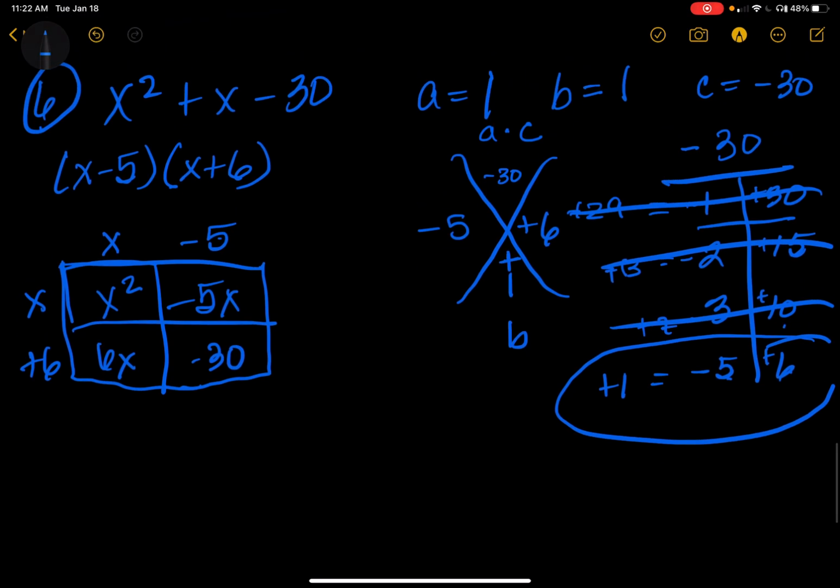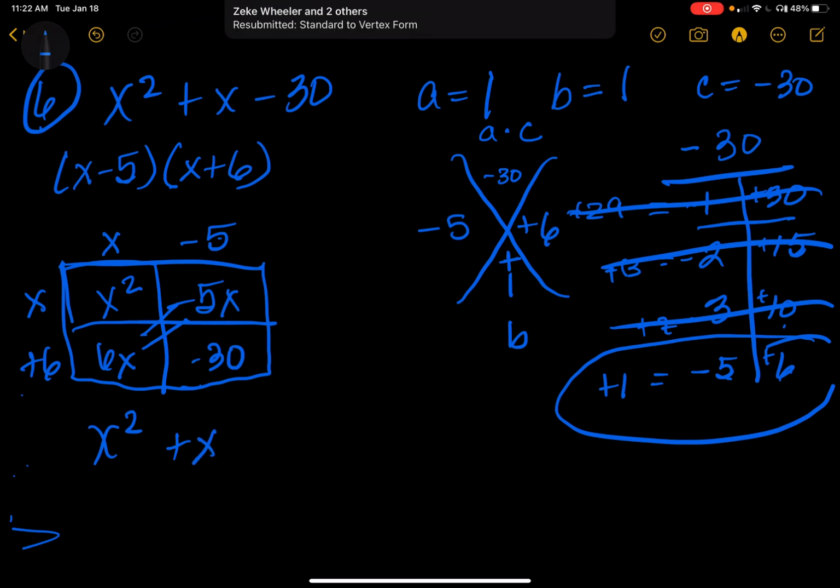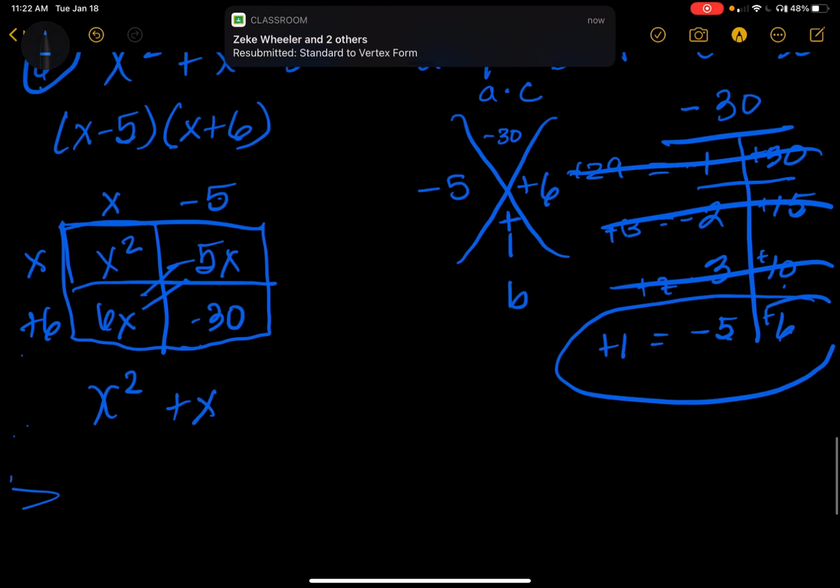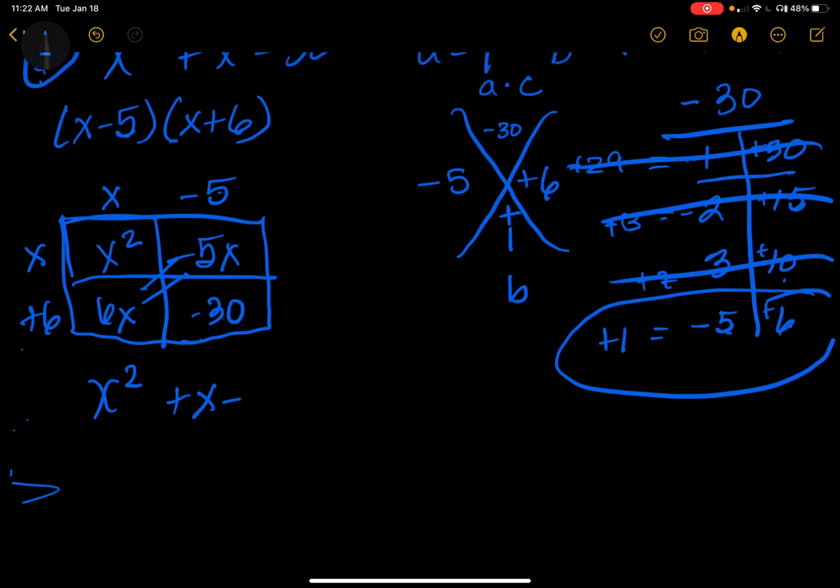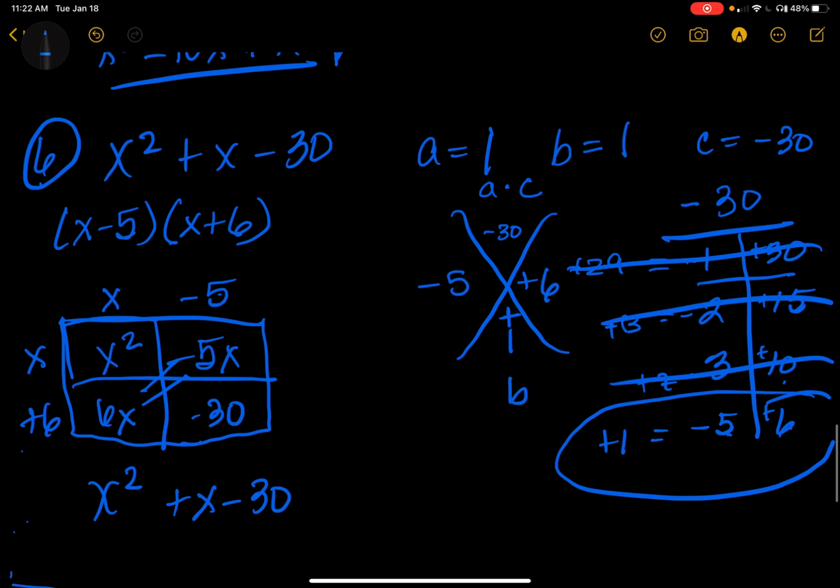So now if we pull it out, we have x squared. Combine on the diagonals. Positive 6 minus 5 is going to be plus x, because positive 6 minus 5 is 1. And then finally, minus 30. Let's double check to make sure that we match. We do. And so we have successfully found the factored form.